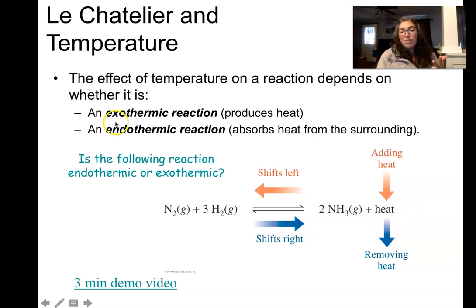And endothermic reactions are ones that absorb heat, so we would picture heat as being a reactant. And if we think of heat as a product or reactant in that context, we can use the first two rules. If you add heat, you're going to shift it in the other direction. And if you subtract heat, you're going to shift it in that direction.